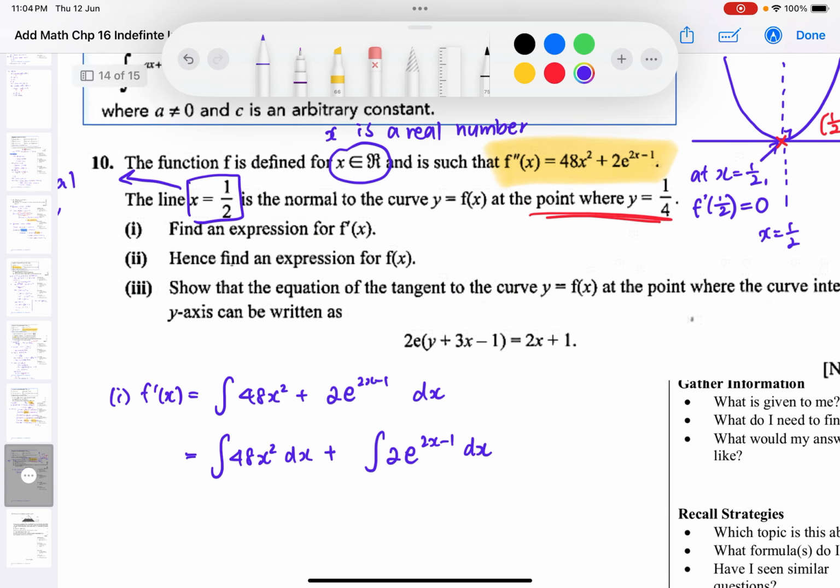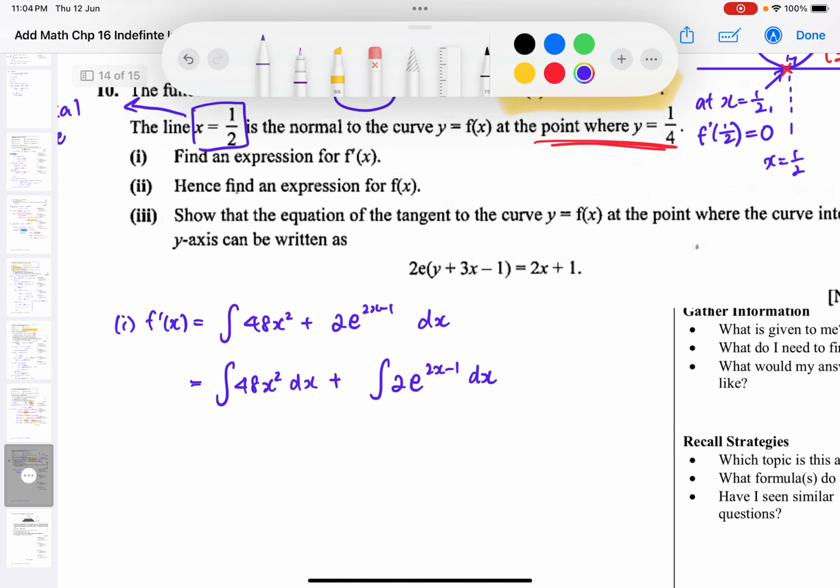Then the coefficient in front can be pulled out, and I integrate x squared to give me x cubed over 3. Pull out the coefficient 2 again, and then integrate the exponential of 2x minus 1. That will be half of e to the power of 2x minus 1. Then I'll add the constant c.